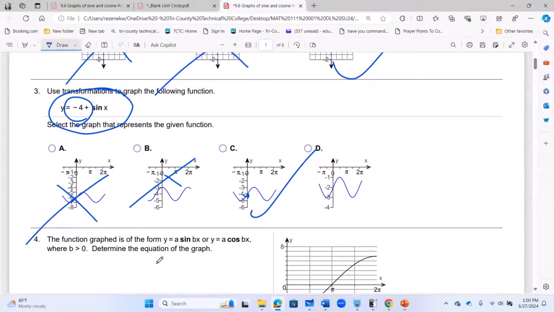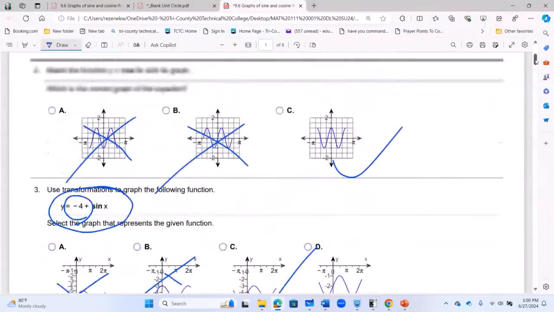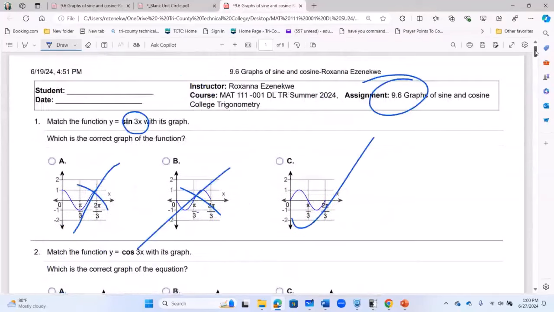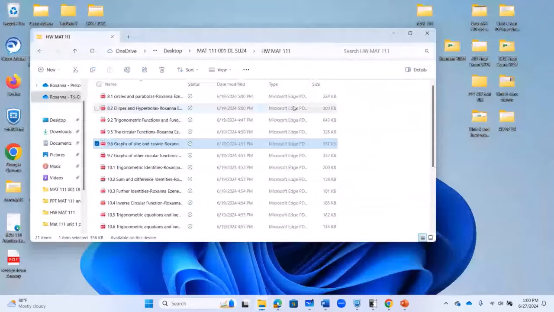Okay, so after some time, we shall be talking about the reciprocal too. Sine and its reciprocal. When we get into reciprocal, it becomes sine and cosecant, cosine and secant. Okay, so let's go back to PowerPoint quickly.